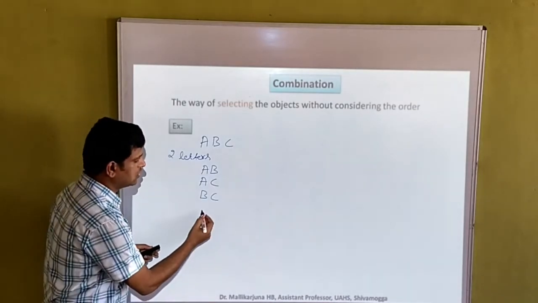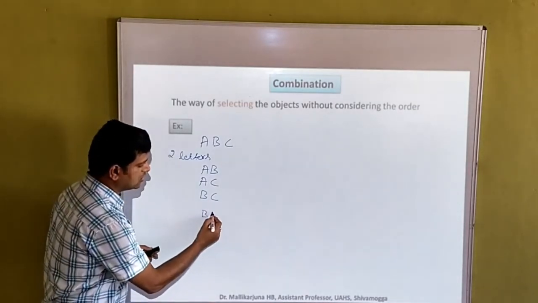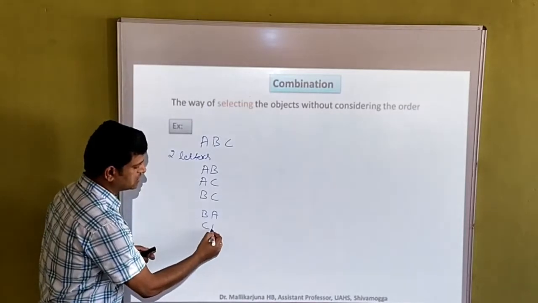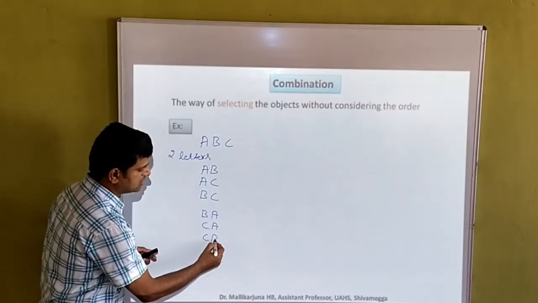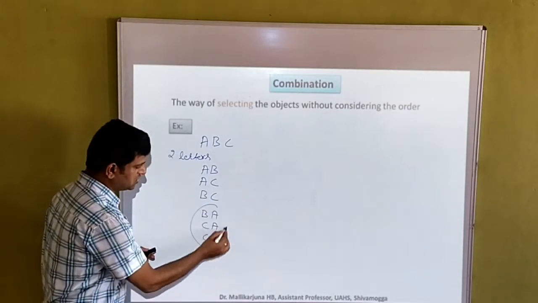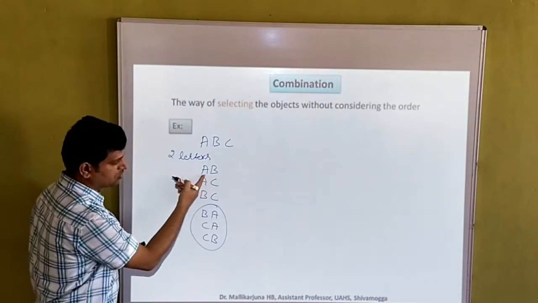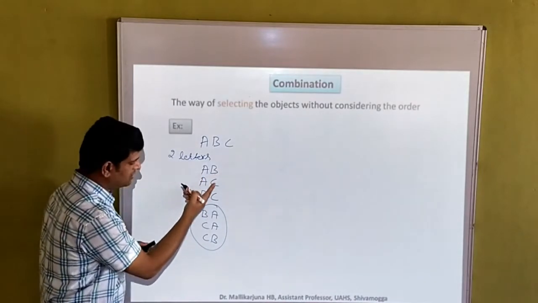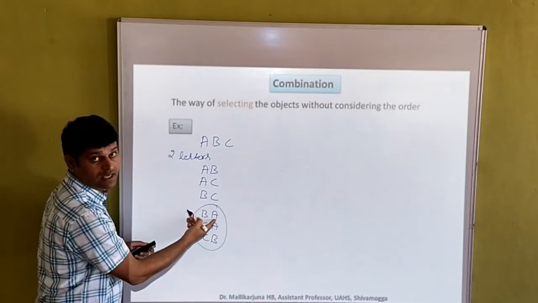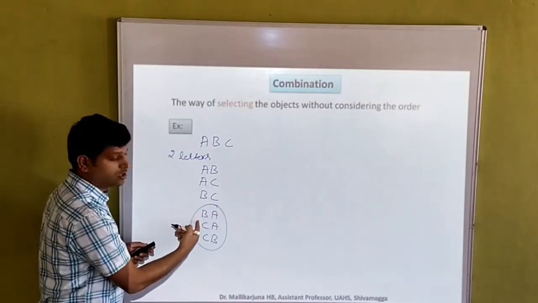So here we cannot write BA, CA and CB. These won't come. AB we already selected, but we should not consider BA. So the order we should not consider.